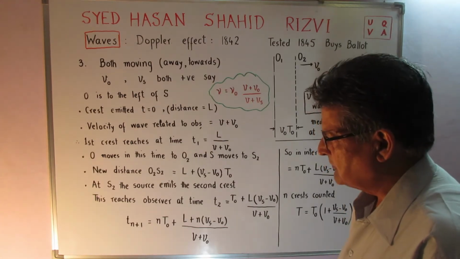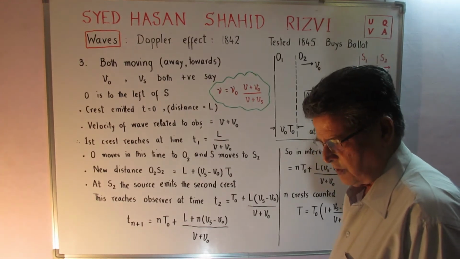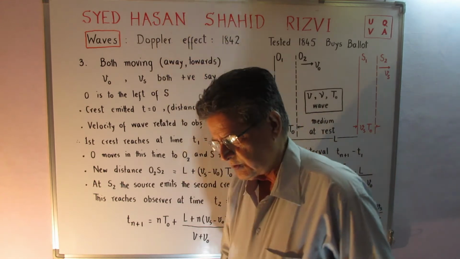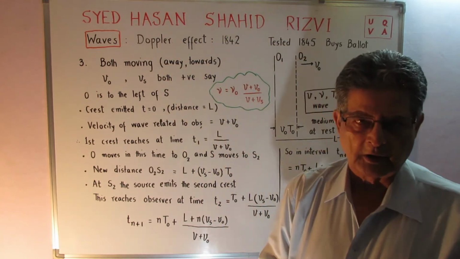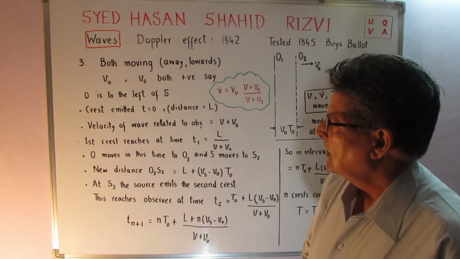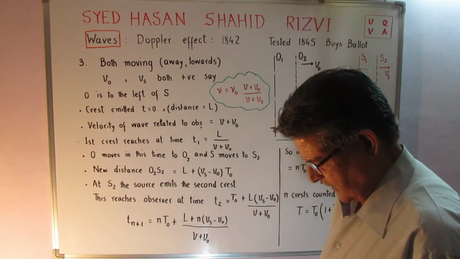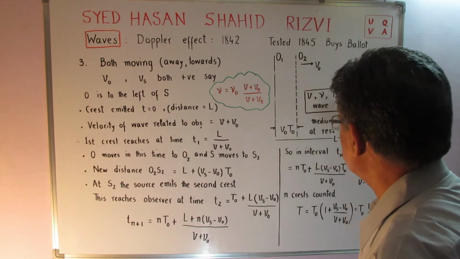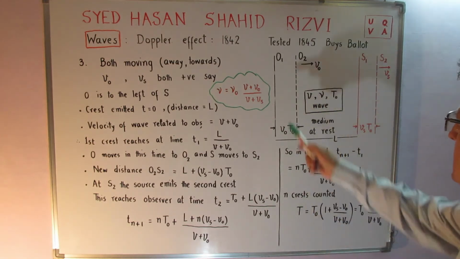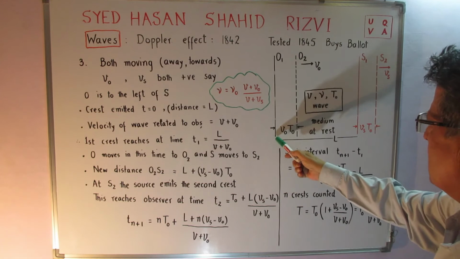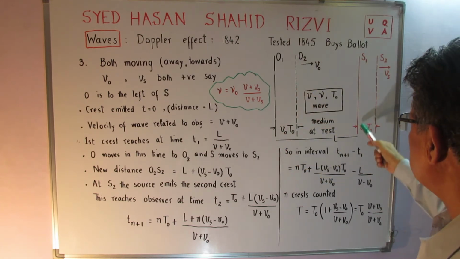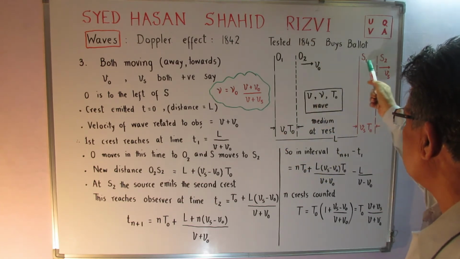So the last item for this lecture, and also that completes the course for class 11, is the third situation when both the observer and the source are moving. I've just taken an original position of the observer and original position of the source, O1 and S1 respectively.